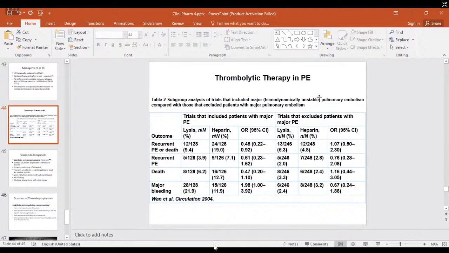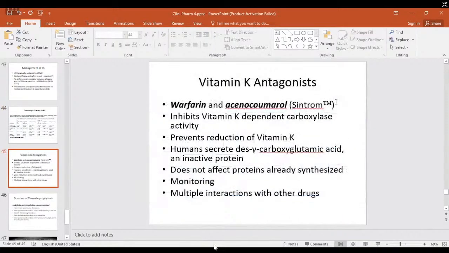But the risk of bleeding with them is also very high. So that's why they're reserved for patients with only a massive form of pulmonary embolism. All other patients need to be treated with anticoagulants only.